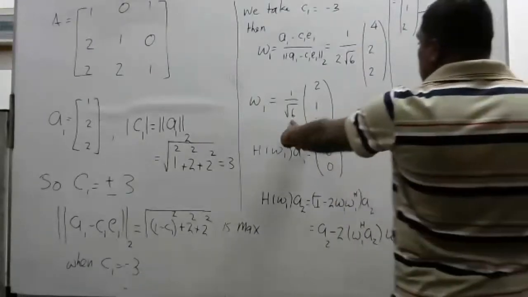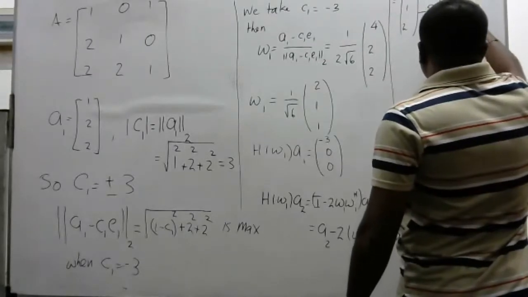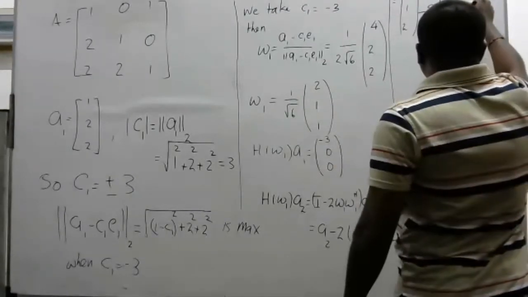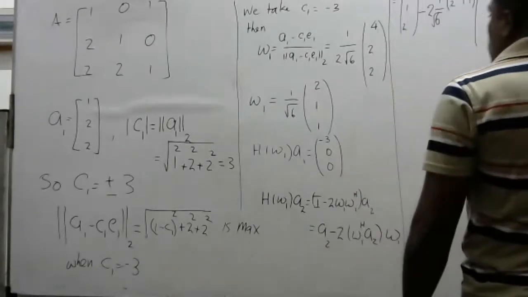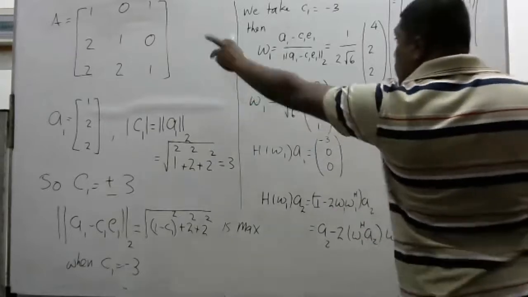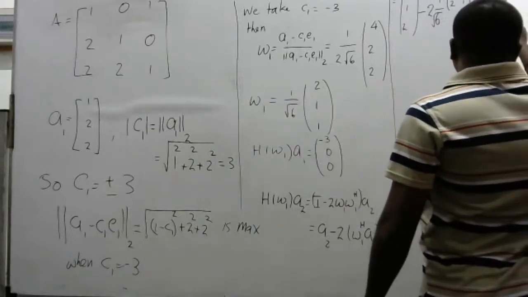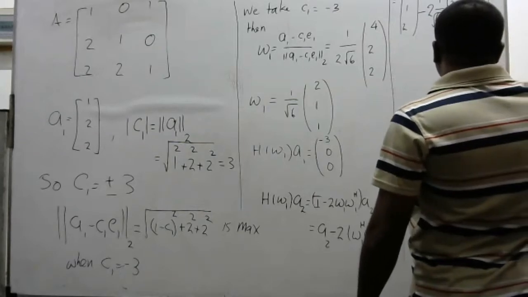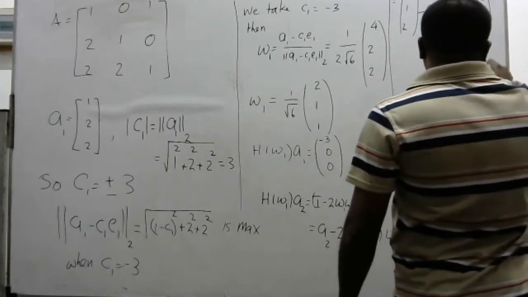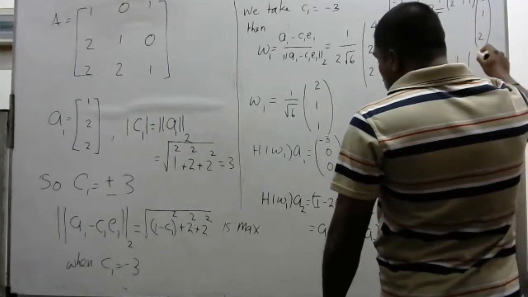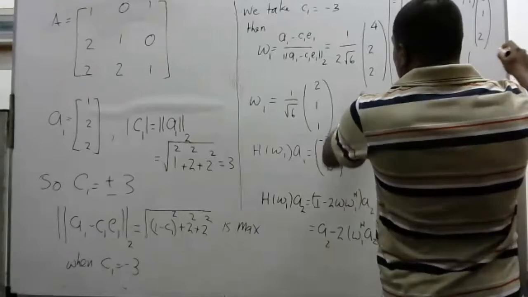Omega 1 Hermitian is 1 upon square root of 6 into 2, 1, 1, multiplied by A2, which is 0, 1, 2, and you multiply this with 1 upon square root of 6 times omega 1, which is 2, 1, 1.